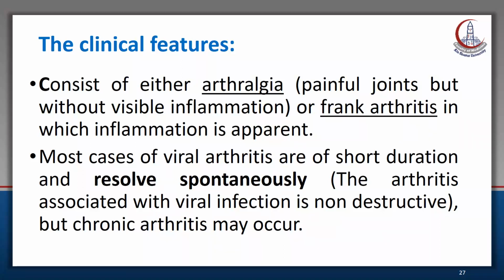So it may be just arthralgia, painful joint, or frank arthritis with signs and symptoms of inflammation appeared. Most cases of viral arthritis are of short duration and resolve spontaneously.